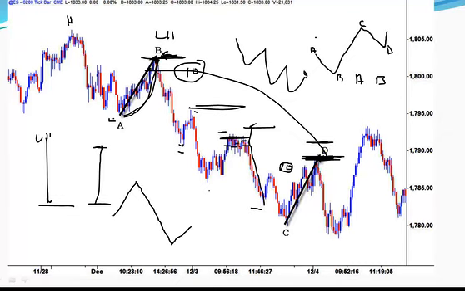You see this? The same thing. You have your A, B, C, D, and you have your alternate bearish. That right there is an alternate bearish because you're looking to sell it to go lower.